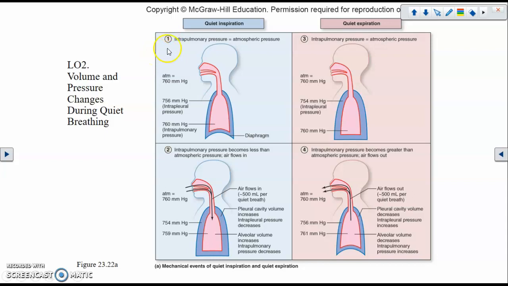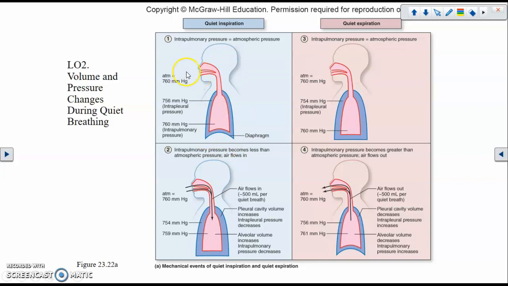Now, atmospheric pressure, which is shown here, which is outside air at room temp at sea level, like Wisconsin, all right, is around 760 millimeters of mercury. So that's just the pressure exerted by outside air on your skin and also into your respiratory system, into your respiratory tract here.